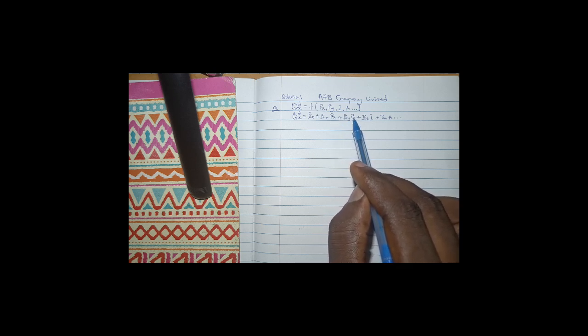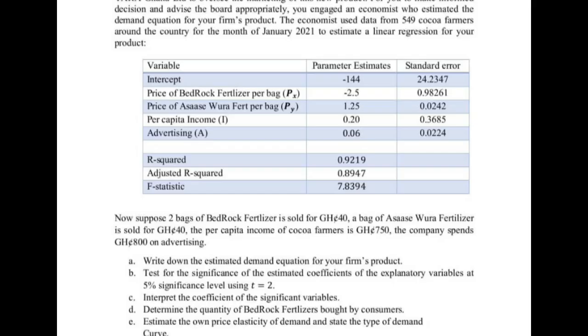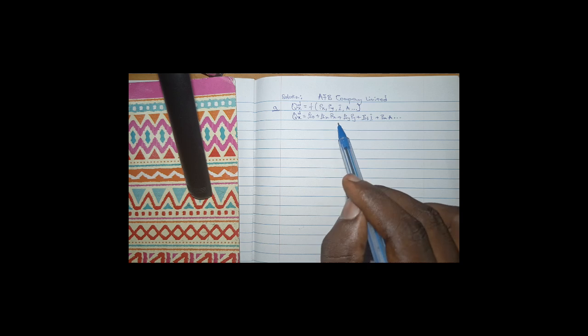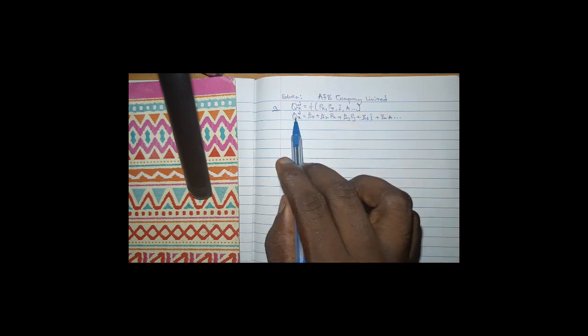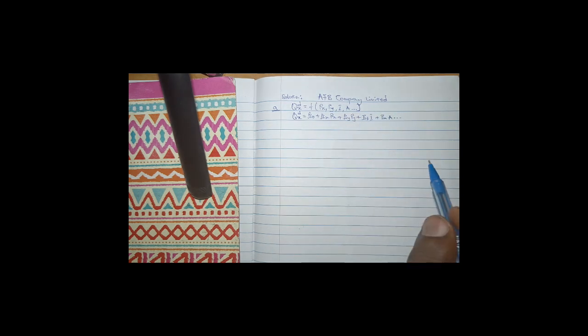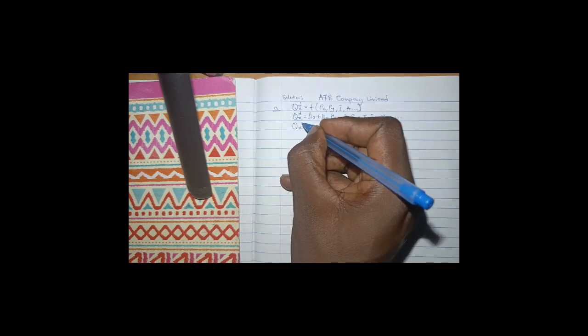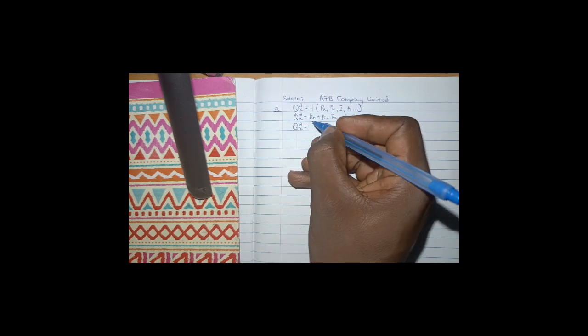Then Py itself is for the price. Now in the question, we only see parameter estimates. So if you don't see coefficient, then you will see parameters estimate, or parameter estimate.